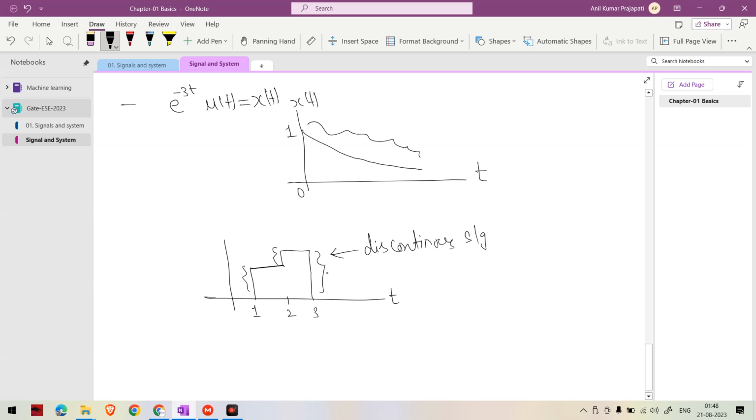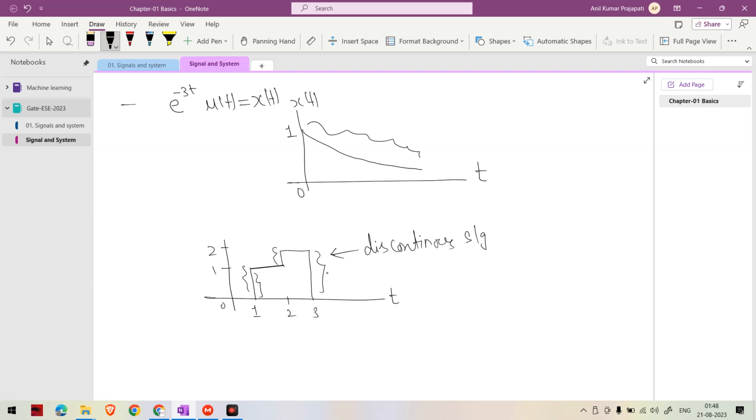At t equal to 1, you are not sure what the value is: it could be 0 or 1. At t equal to 2, the value is 1 or 2. At t equal to 3, the value is 2 or 0 or any value in between.